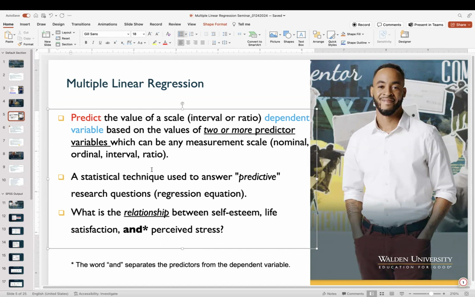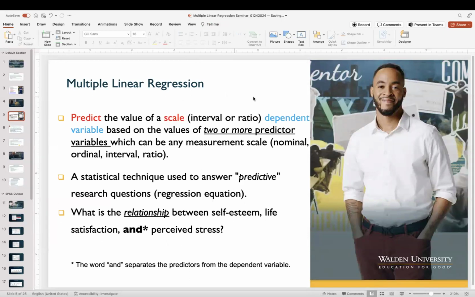Now, what's important is that dependent variable, and this is where we're going to have the brief discussion on the scales of measurement, because I'll give you another resource that goes in depth. It has to be a scale variable, and what do we mean by that? There are 4 scales of measurement: nominal, ordinal, interval, and ratio. On one extreme, we have the nominal variable, say, for example, gender.